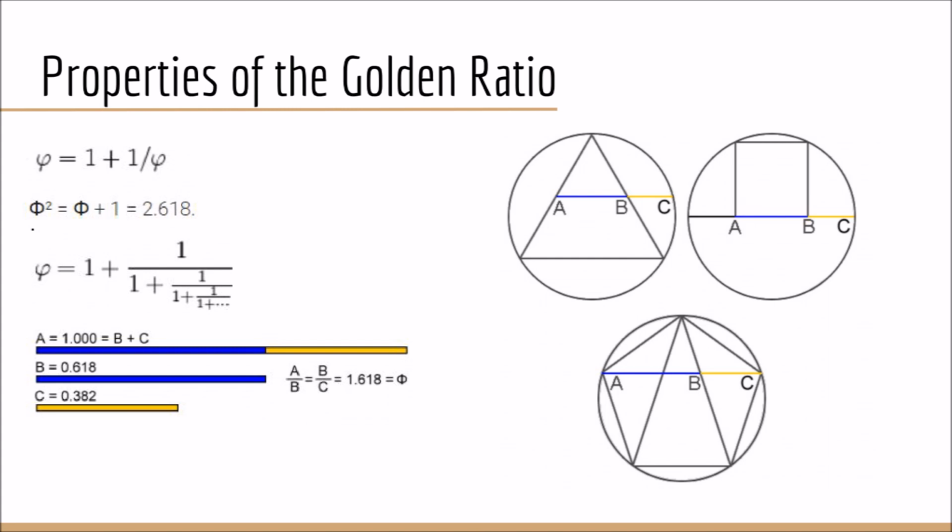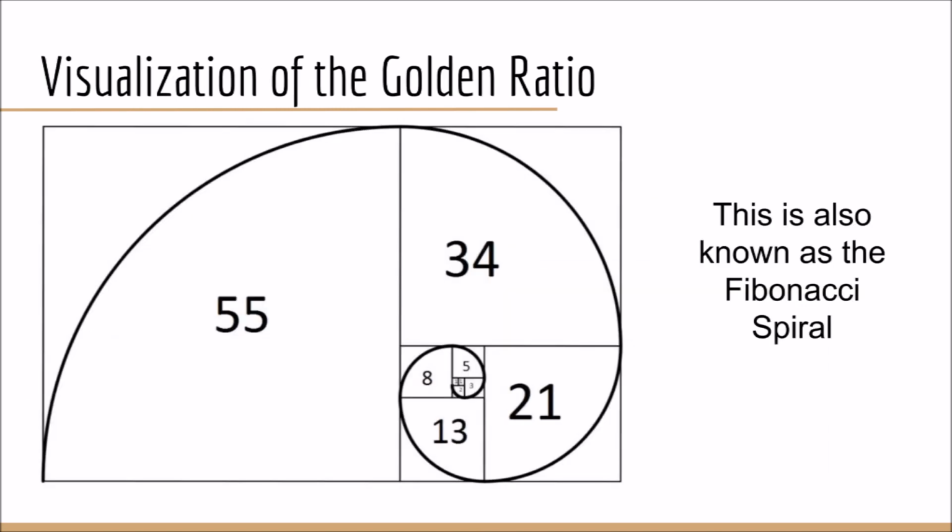There's also some more geometric representations of this idea on the right. There's a visualization of the golden ratio which may be more familiar. Start with the first 2 Fibonacci numbers, 2 squares with length 1, which you can sort of see very small in the center there on screen.